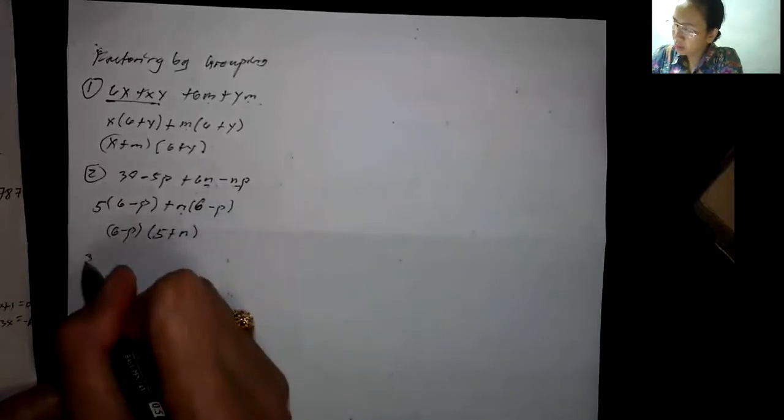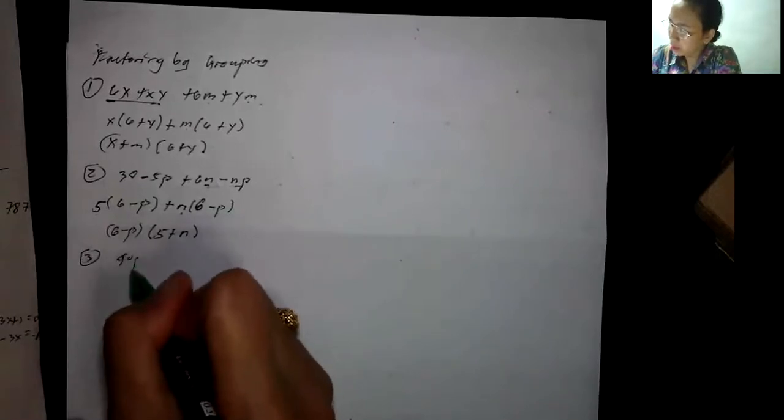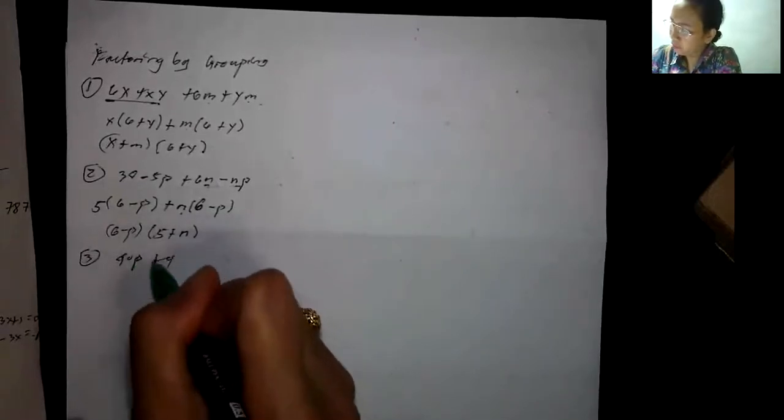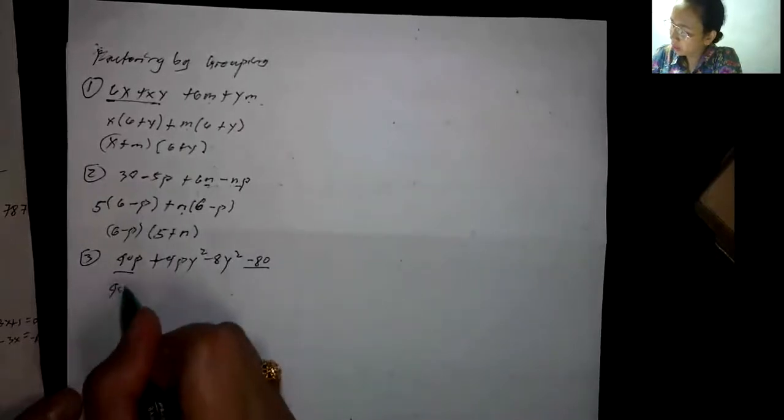Okay, suppose we have here 40p plus 4py squared minus 8y squared minus 80. So we can combine 40p and minus 80. The common monomial factor is 40.